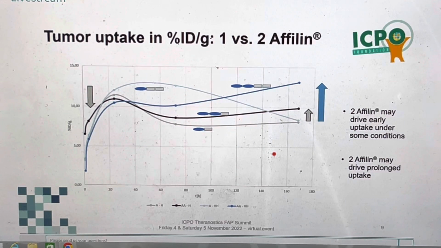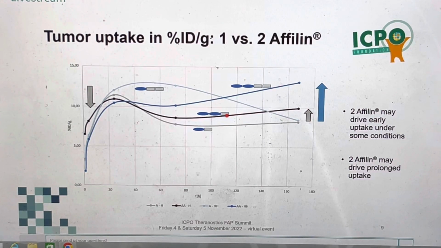And the two elements which call your attention are, if you look at the black line, there seems to be a faster early uptake in this construct, in these conditions. And that could be relevant, of course, if you're talking about imaging in a diagnostic area.